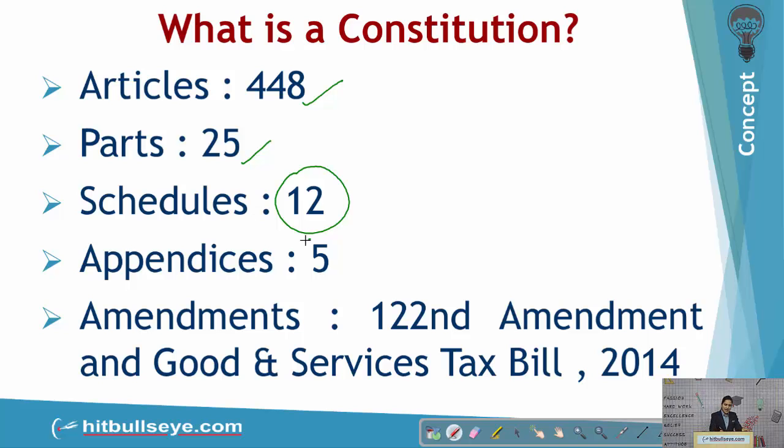Then appendices, as I told you, is supplementary information attached at the end of a document. And till date, as I speak, we are considering the 122nd Amendment to the Indian Constitution, which is on the Goods and Services Tax Bill.